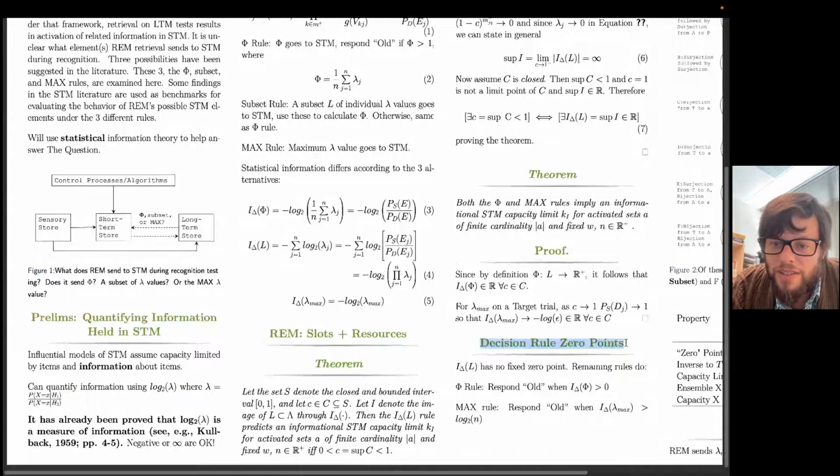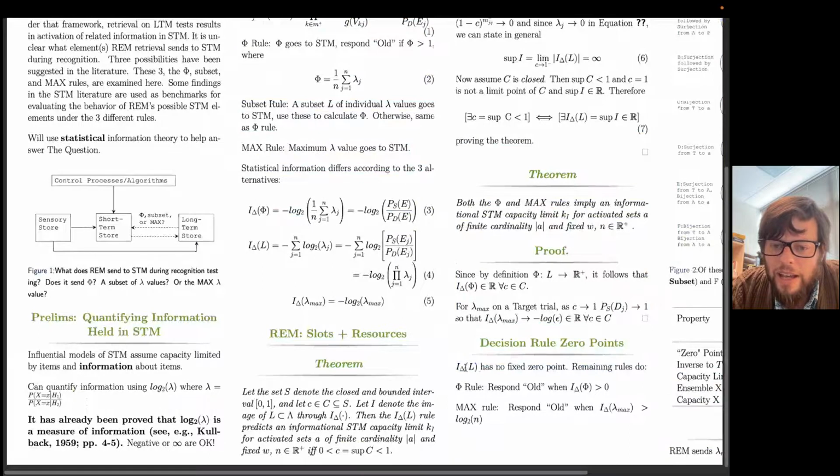So one thing is to consider whether the decision rule has a natural 0 point, because that was one of the things that were laudable about, and talked about in the original paper for REM: it had a natural fixed criterion point of equal odds. So it'd be nice if there's a natural 0 point in the informational side of these.